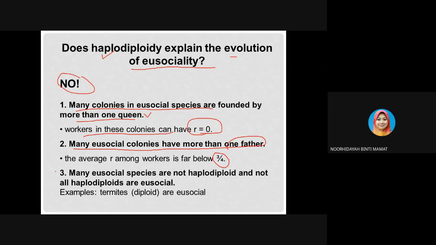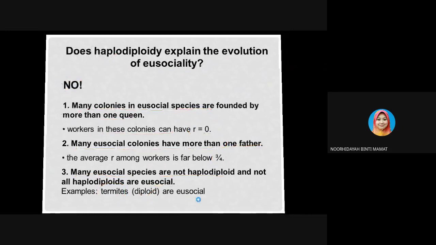The third reason why haplodiploidy is not the only factor in the evolution of eusociality is that many social species are not haplodiploid, and not all haplodiploids are eusocial. For example, termites are diploid, they don't have haplodiploidy, but termites are eusocial.